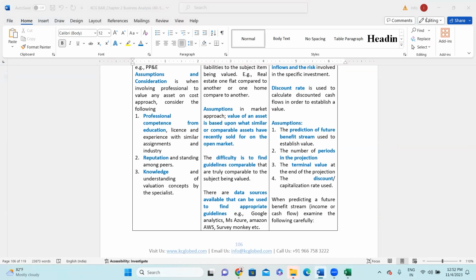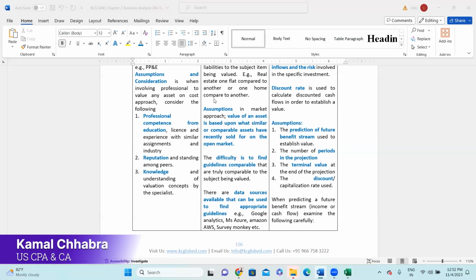So those are also called certified valuer or certified valuer engineer, right? So the person who is doing the fair value to identify the cost approach must be professionally competent from the education. He or she must have the license and the experience in dealing with the similar assignment and industry.